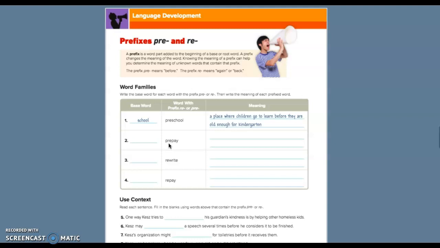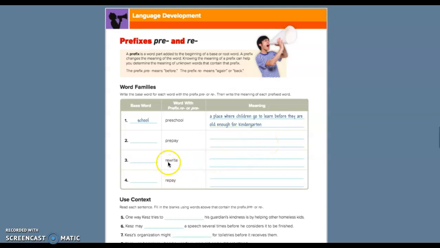You've prepaid for something. Or if you do something online, like let's say you're going on a trip, you're going to book a cruise, you're going to prepay for it. You're going to pay for it before the cruise even happens. So paying for something before you get the good or the service.